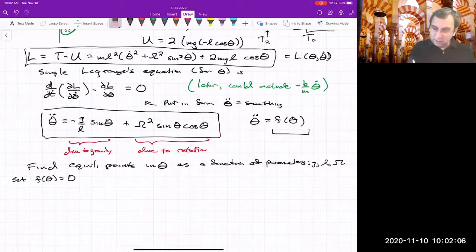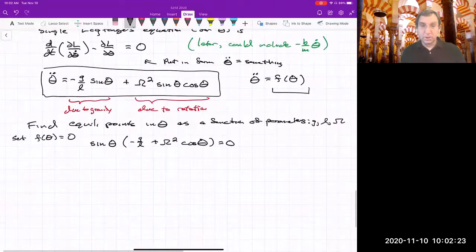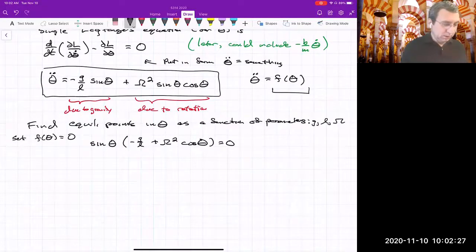Well, there's a sine theta in both of these. So we'll get an overall sine theta times negative g over L plus omega squared cosine theta equals 0. So the zeros of this for theta give us the equilibrium points.